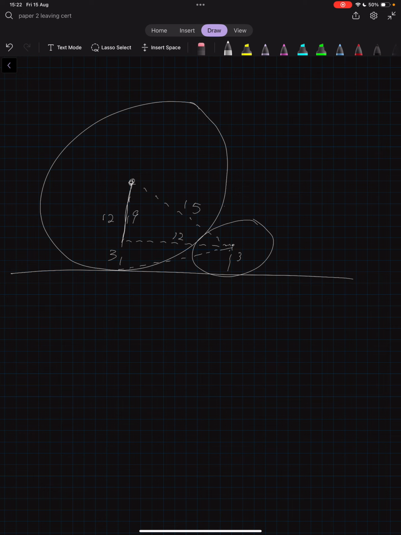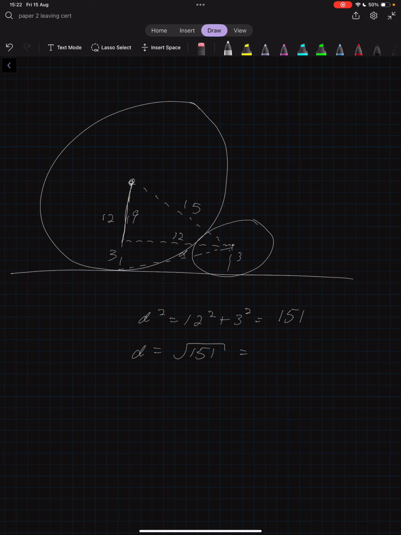And if I want to find the next distance, D squared is going to be 12 squared plus 3 squared. That's 153. So D is just root 153.